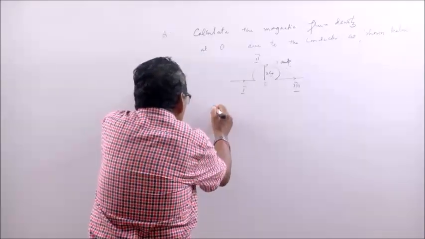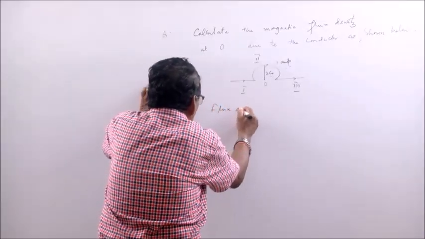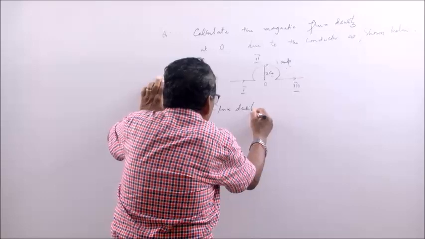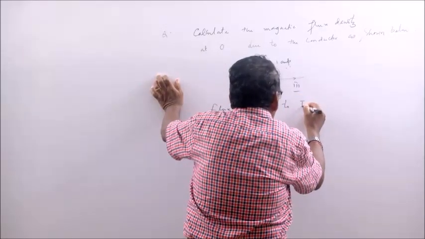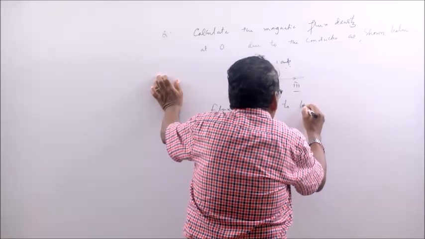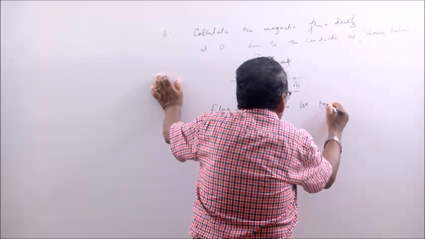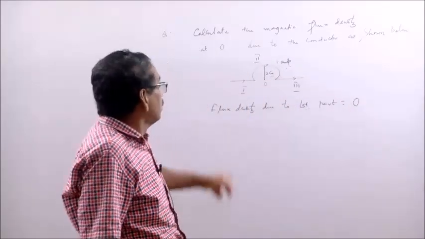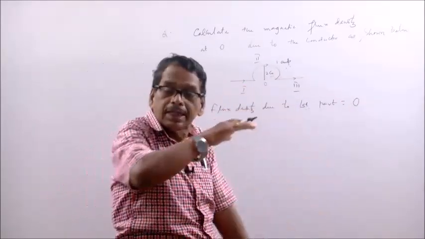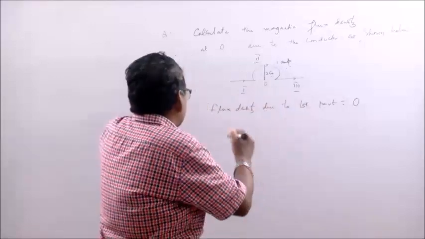Flux density due to first part is equal to 0, because it lies along the conductor.